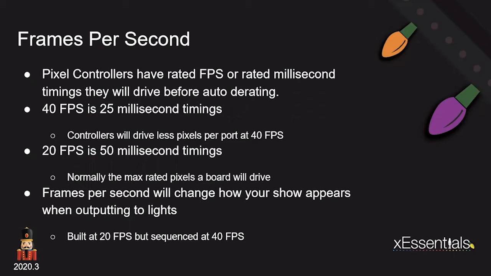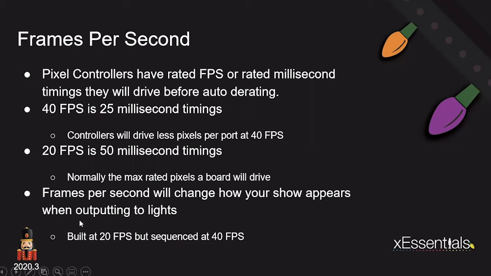Normally, it's the maximum rating on your controllers that you're looking at to use. It's the total amount that the board will drive when they're advertising a board. So when they tell you a board can drive 1400 pixels at 50 millisecond timing, they're saying that controller will drive 1400 pixels at 20 frames per second.